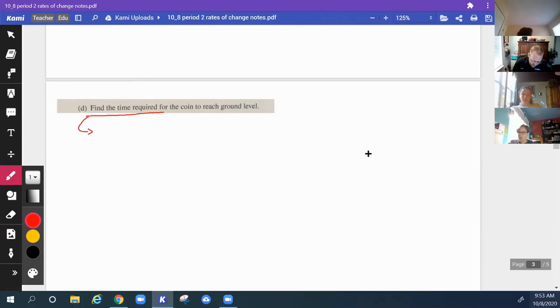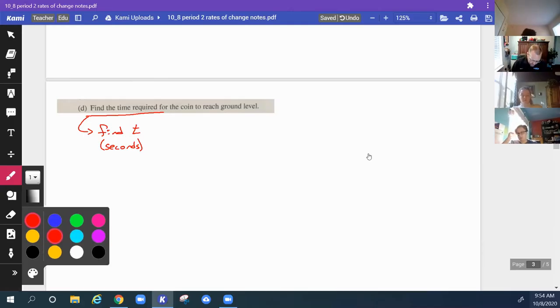That means I'm going to find t. So my final answer should be t equals. Since we're finding a time, I know it's going to be measured in seconds. I can put all these things together.